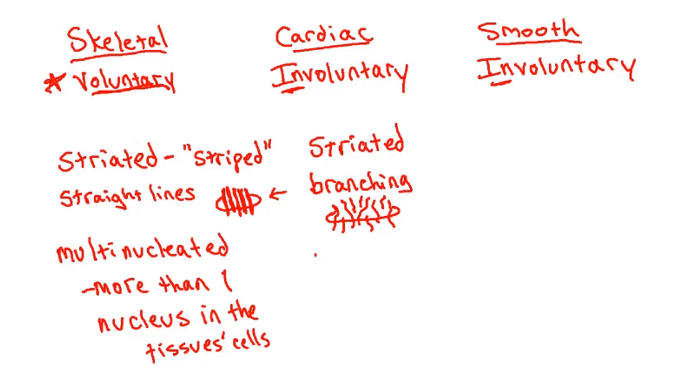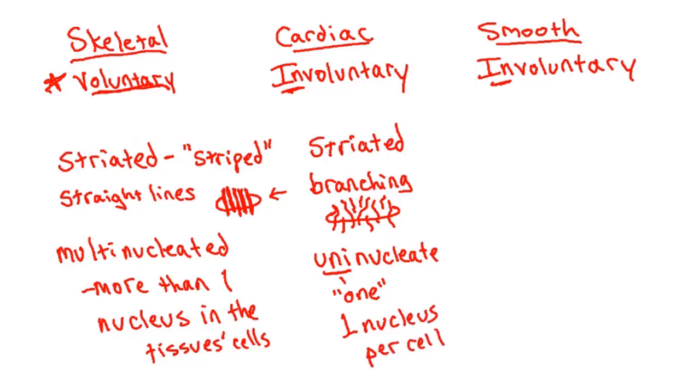Also, they are uninucleate. And of course, uni just means one. So there is one nucleus per cell.